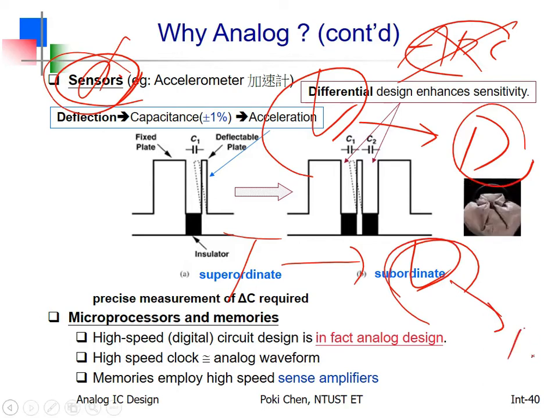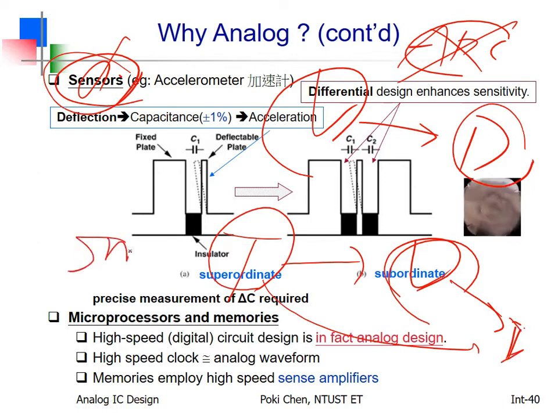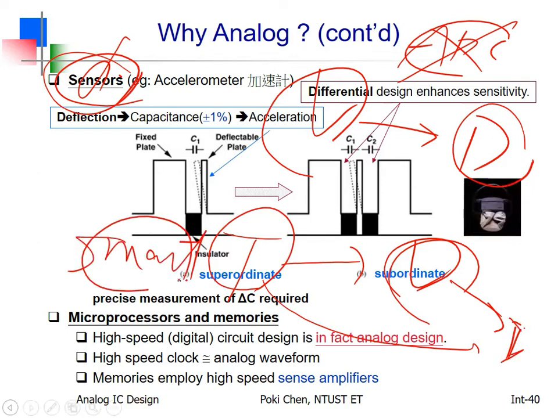Wow, that is too troublesome. Why don't you convert your temperature directly to digital output? Then we call it smart temperature sensor. So the definition for smart or not is whether you convert one kind of signal directly into digital domain. Then the sensor is smart.